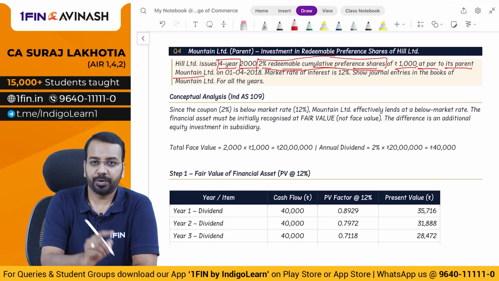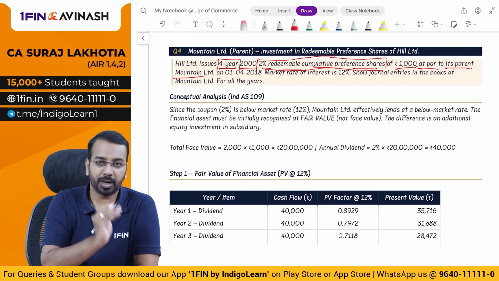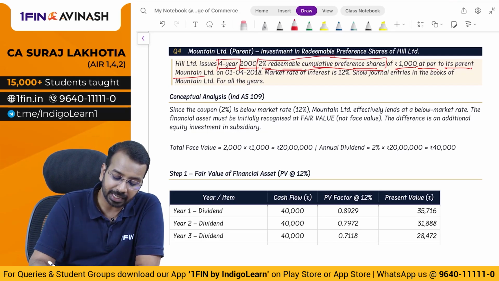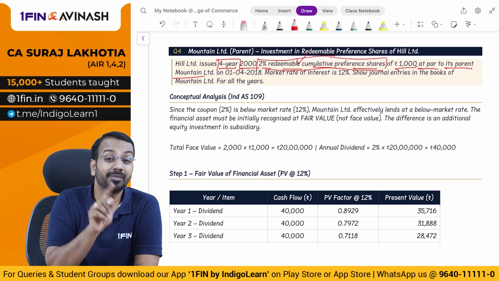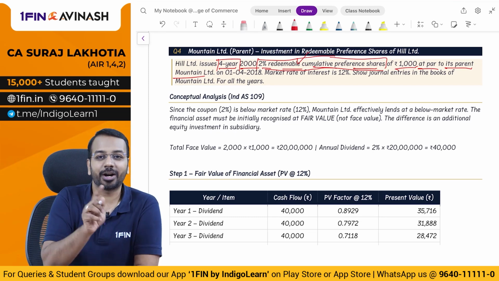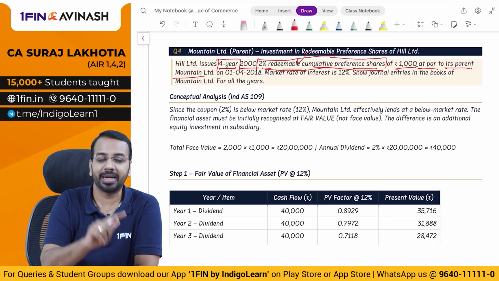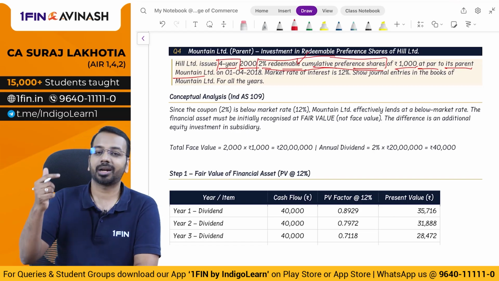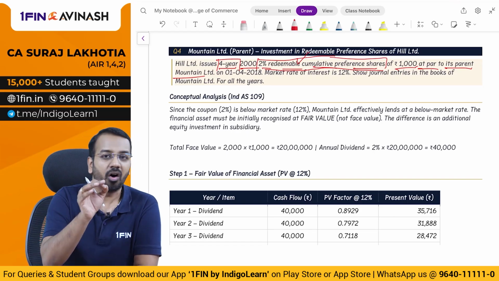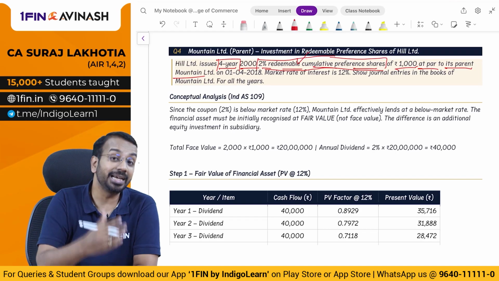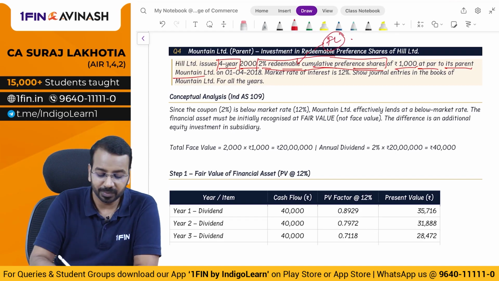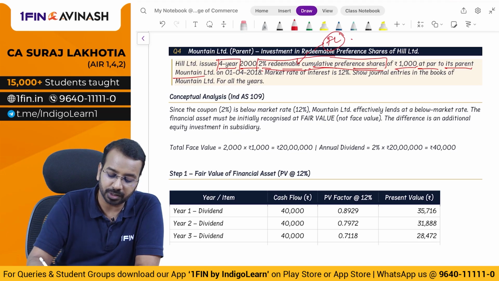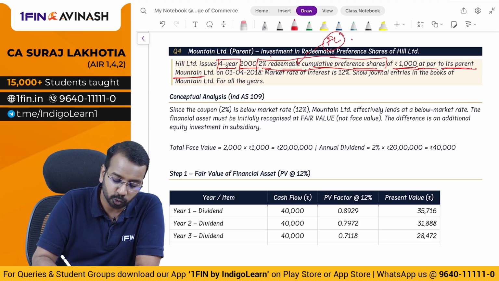Now, for preference shares, we have not yet discussed the classification, but whenever we have redeemable preference shares, what does it mean? The holder has a contractual right to demand payment, and the company has a contractual obligation to deliver cash or another financial asset. So when it is redeemable, it is treated as a financial liability. 2% is what?